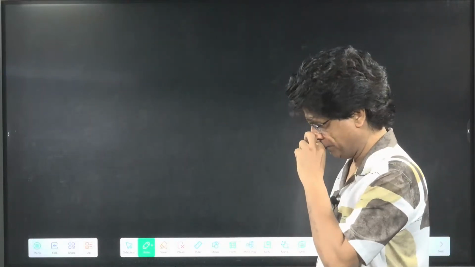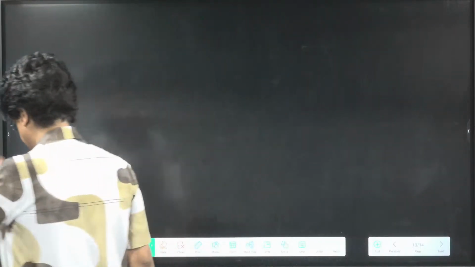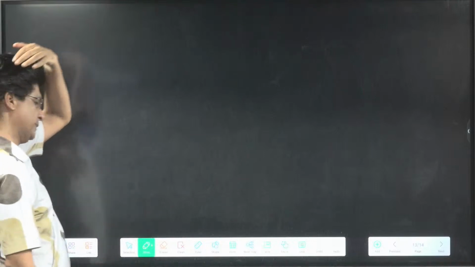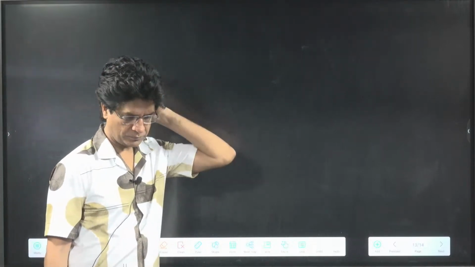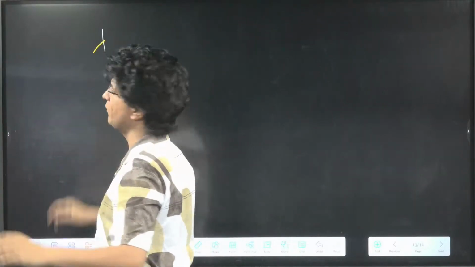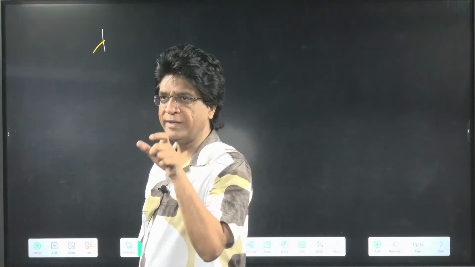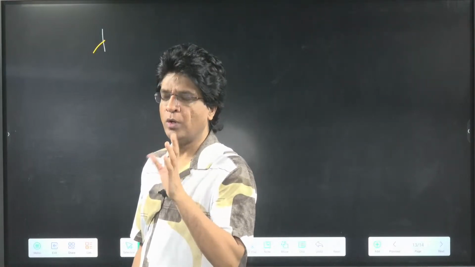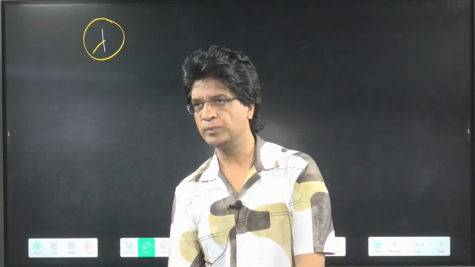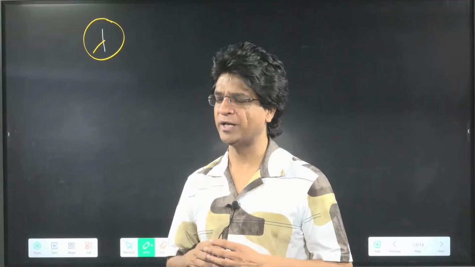Okay, let's do one more question. One more thing: if they give you the wavelength of light to find out the position of the electron, what are they giving you, directly or indirectly?